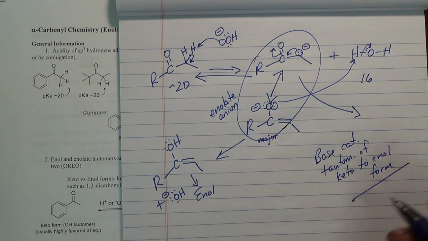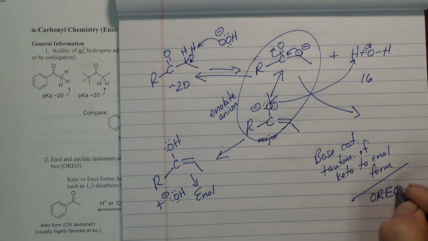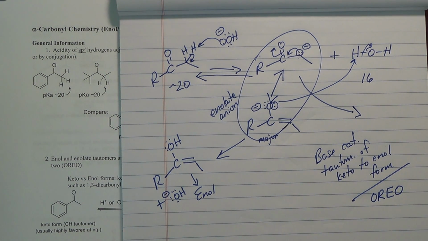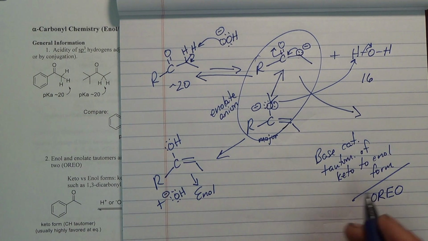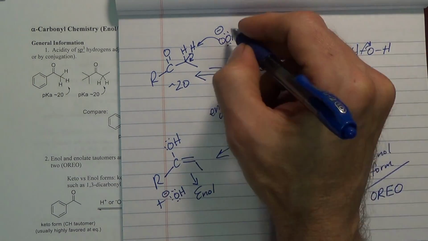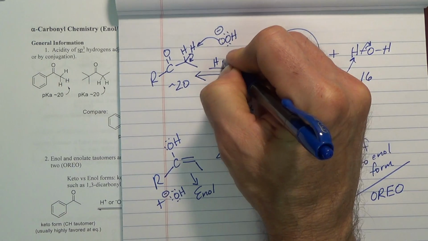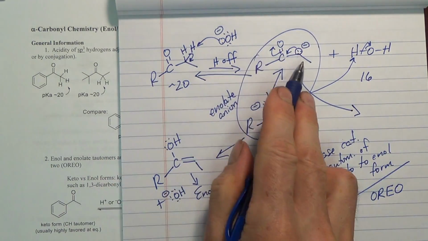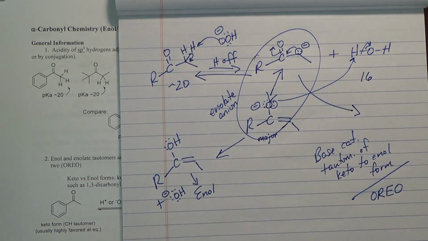And in Organic 1, I told you the way to remember this mechanism is Oreo. And the first O depends on if you're under acidic or basic conditions. If you're under basic conditions, the first O stands for off. That's because in the first step here, we took H off. We took an H off, made the enolate anion.